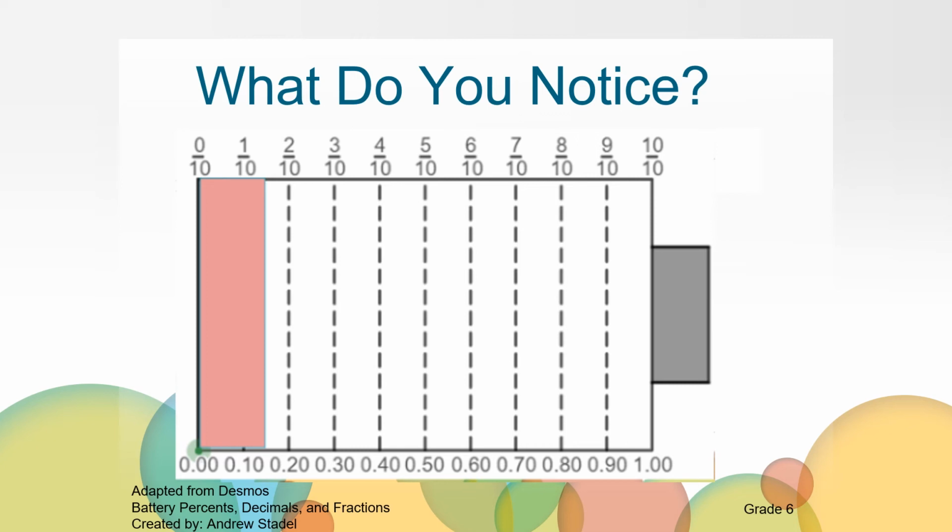What might come directly in the middle of 10% and 20%? How could I name that value? 15% would be exactly between 10% and 20%. So you could say this phone is 15% charged.